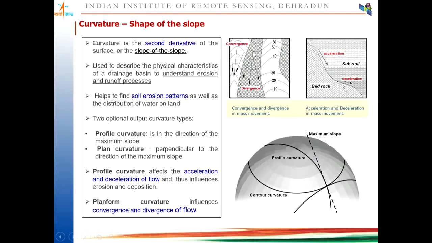Here you can see that when the runoff water is converging, meeting together, there is a high chance of gully formation, whereas where there is divergence, the runoff water is moving away, there may be more sheet erosion in this area, but here you will find the gully erosion. So plan curvature and profile curvature can be used for analyzing these things.